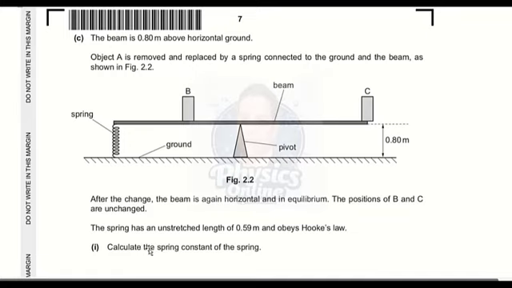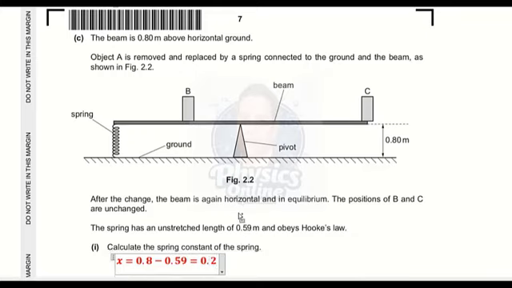To calculate the spring constant, we need the force and extension. Extension, we have it here. We have the unstretched length 0.59 and we have the stretched length. So x equals 0.8 minus 0.59 equals 0.21 meter.